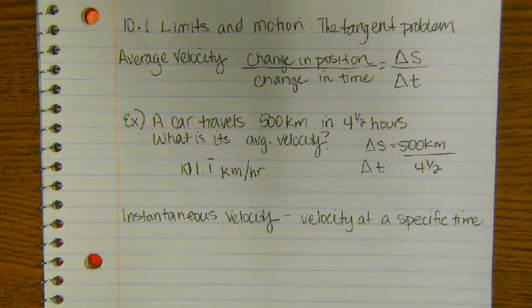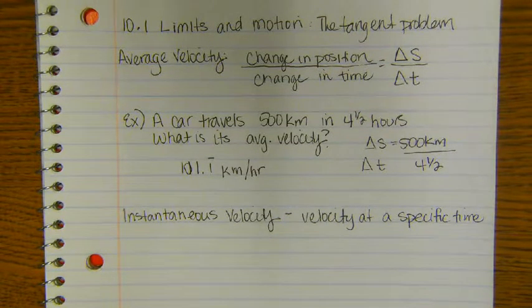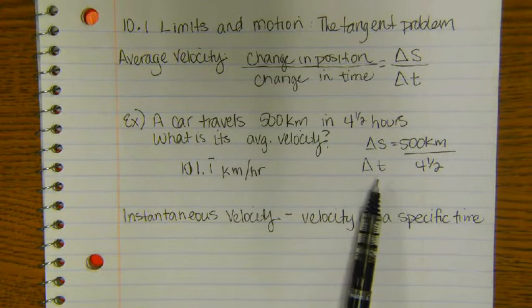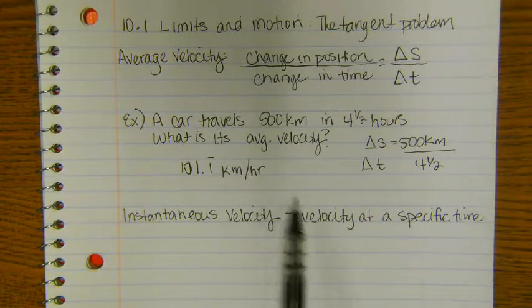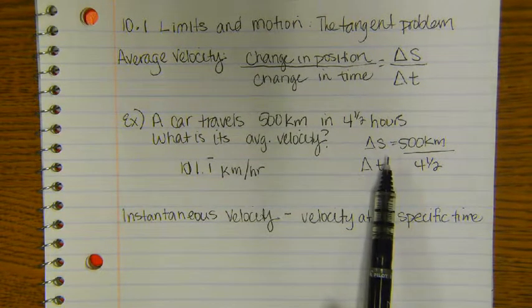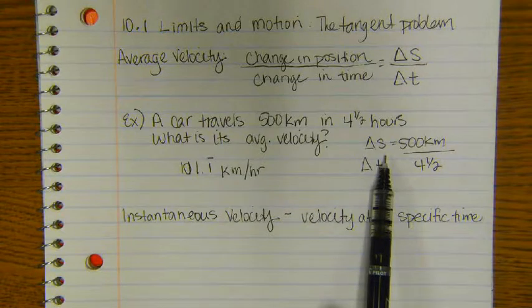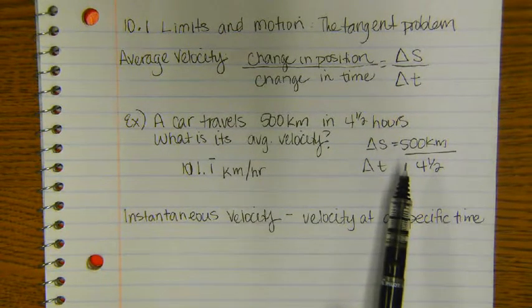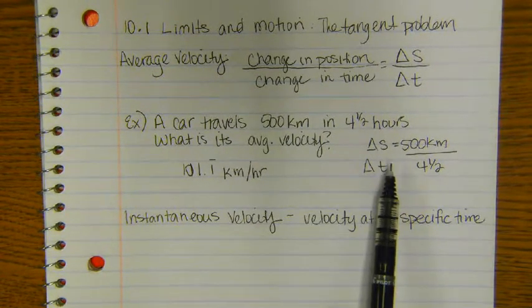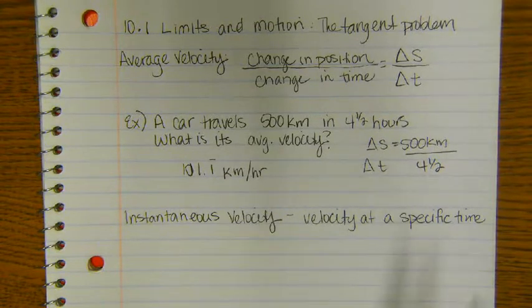So if I wanted to know, for instance, let's say I told you that a car starts at 5 meters, and then at 1 second, and then at 1.5 seconds it's at 10 meters. You could still do an average velocity, because you have 2 position values and 2 time values. But on the bottom, what you would have done was subtract the 1 and the 1.5. Agreed?